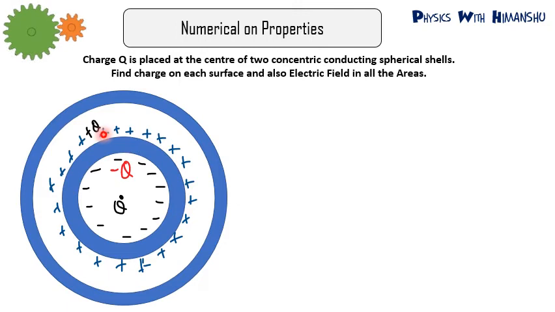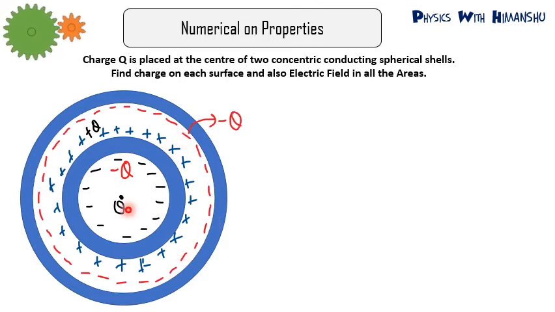So Q will induce minus Q on this side and will repel plus Q on the outer side of the shell. Similarly, now this positive charge will attract negative charge on the inner side of the bigger spherical shell like this. So this plus Q will induce minus Q, and will repel plus Q that will come on the outer side of this bigger spherical shell like this.